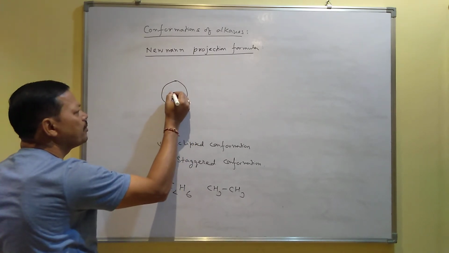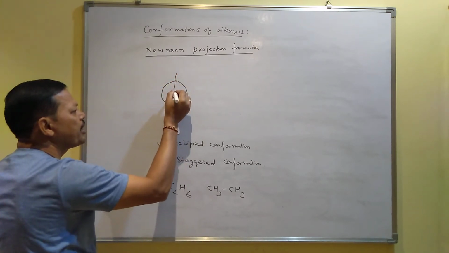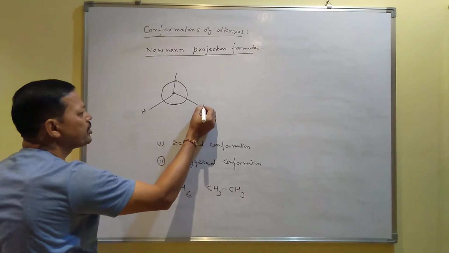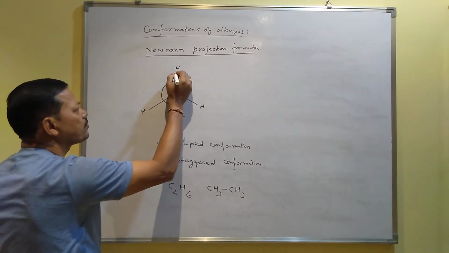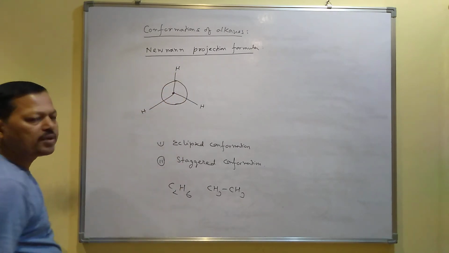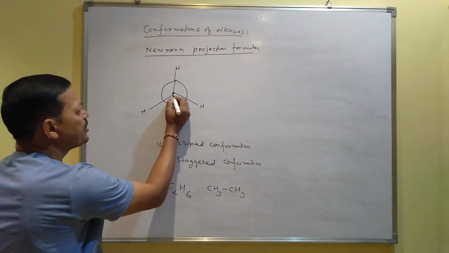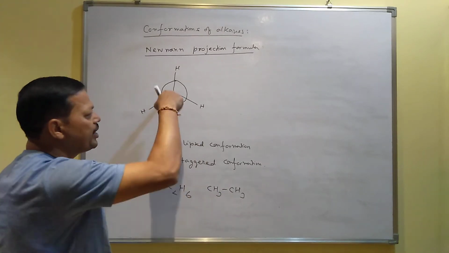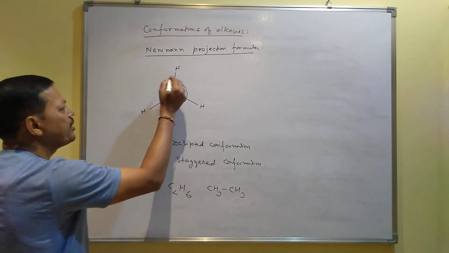This is a carbon, and the carbon contains 3 hydrogens like this. This is one hydrogen, this is another hydrogen, this is another hydrogen. So this is one CH3. This is the front carbon, and another carbon is present at the back side, and the back side carbon's hydrogens are present like this.